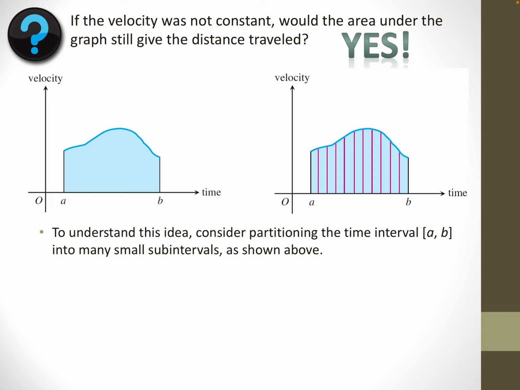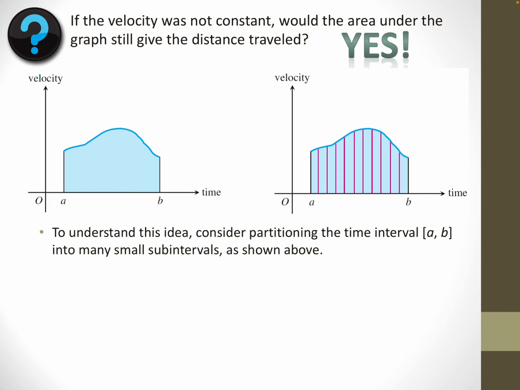If you take that area and break it into many small subintervals, each of those little subintervals comes close to resembling a rectangle, some more than others. But when you get those rectangles on there, each one of those is a little distance area, velocity times time.